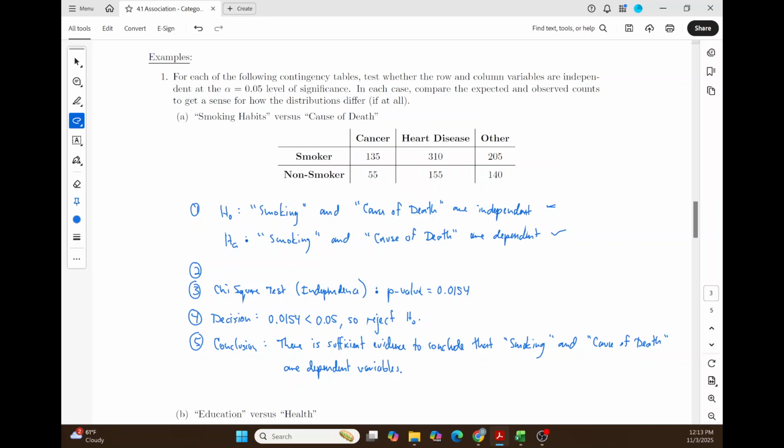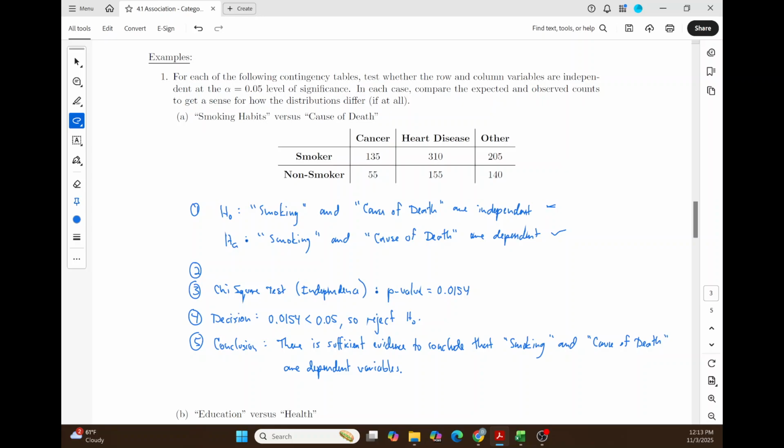Okay, now let me just say a word about the way that you write down your conclusion. Sometimes it's tempting to want to make a stronger statement than what the test actually allows us to make. In this case, I think it would be justified to make that stronger statement, but it's not always justified. So let me explain what I mean.